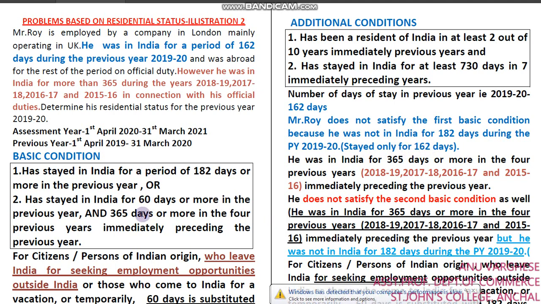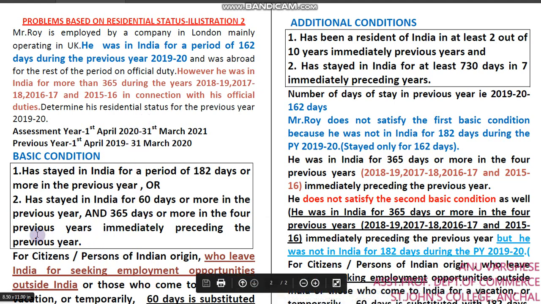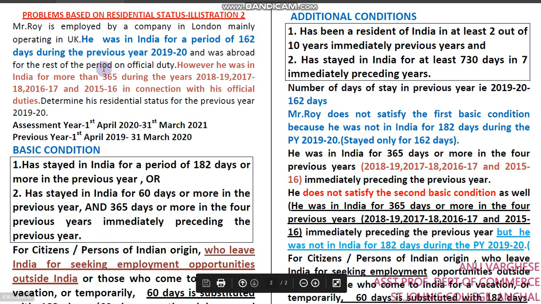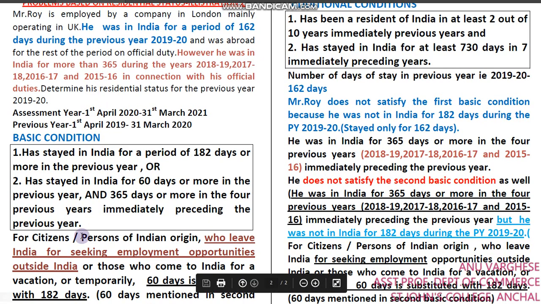Now let us check the second basic condition, whether Mr. Roy is satisfying it. The second basic condition is he should stay in India for 60 days or more in the previous year and 365 days or more in the 4 previous years immediately preceding the previous year. But in the question, it is stating that Mr. Roy is employed by a company in London, mainly operating in UK. That means he is not working in India.